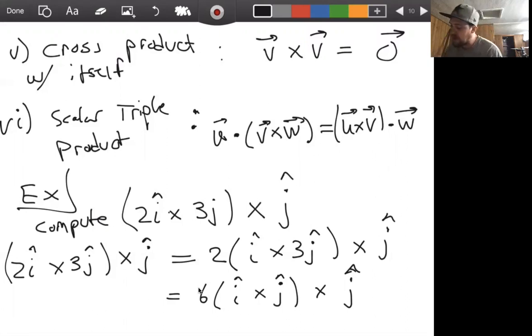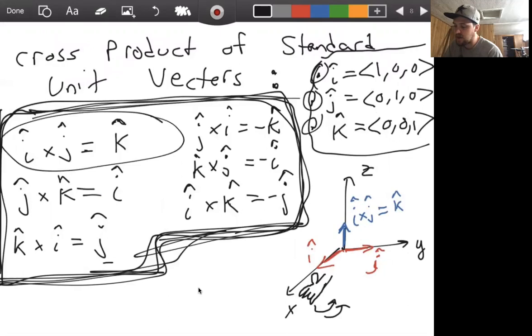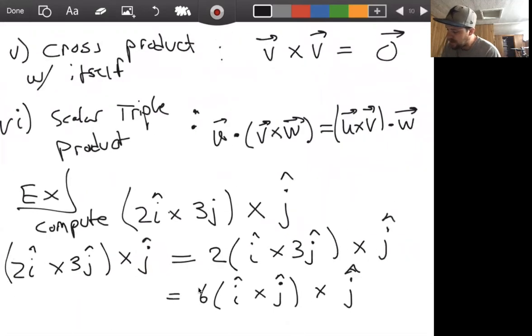property. And now I know what i hat cross j hat is, thanks to the computations I've done beforehand here. I know i hat cross j hat is k hat. And so this expression becomes 6 times k hat cross j hat, right? But the parentheses would be here, if you will. So let's record where I'm at here.